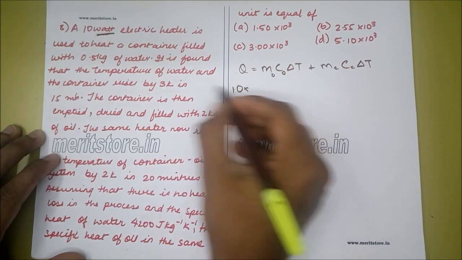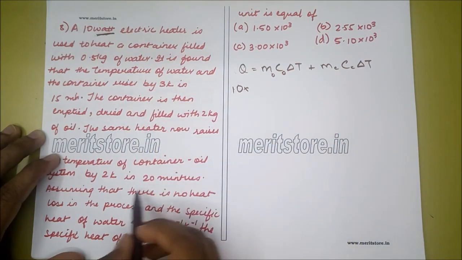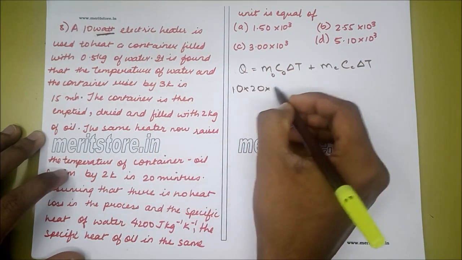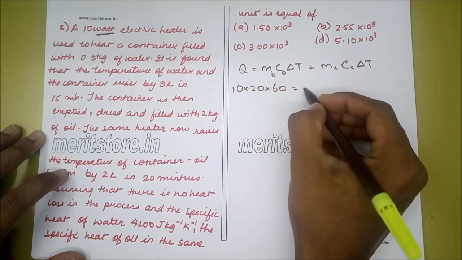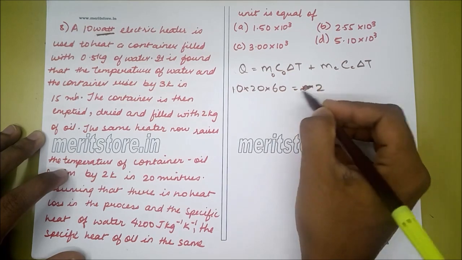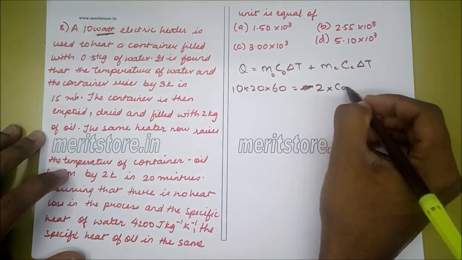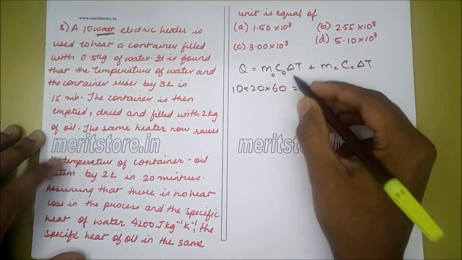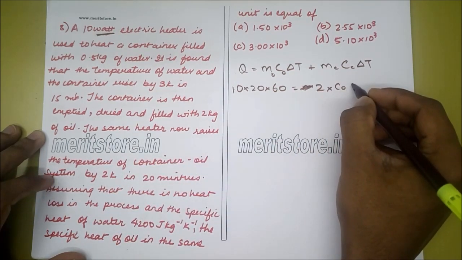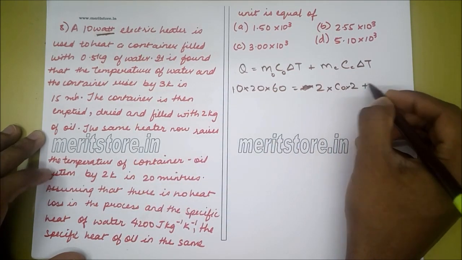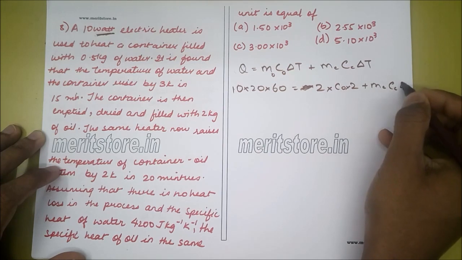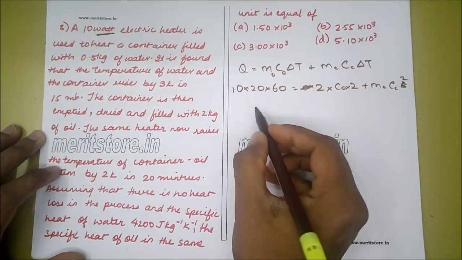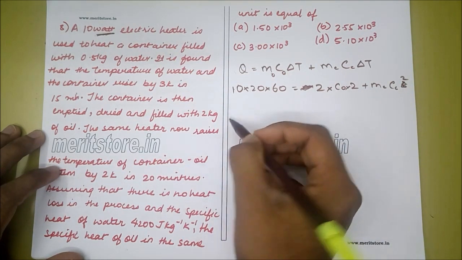So that is 10 into time, for oil is 20 minutes, so into 60 would give it in terms of seconds, is equal to mass of oil, given as 2 kg, specific heat of oil, which we need to find out, and the temperature rises by 2 Kelvin, so delta T is 2, plus mass of container, which is unknown, specific heat of container, also unknown, and delta T is again 2.